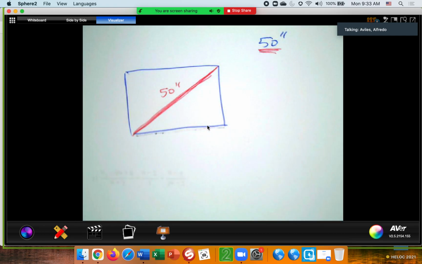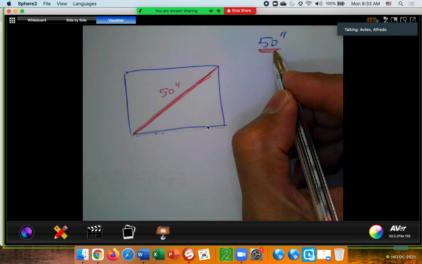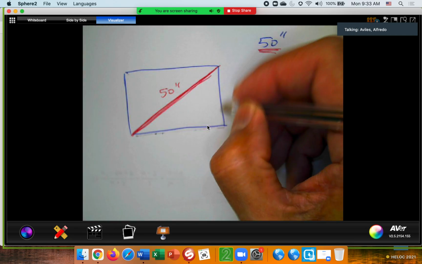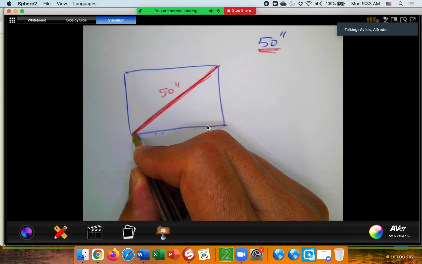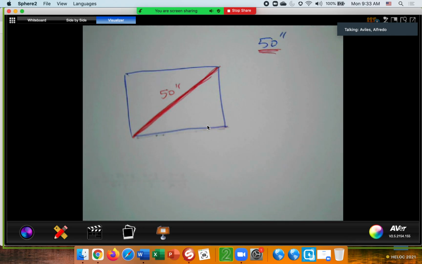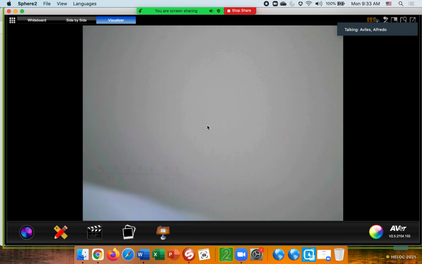When they tell you you have a 50-inch TV, it's 50 inches on the diagonal, not the height and not the width. I'm pretty sure a couple of you probably knew that already.